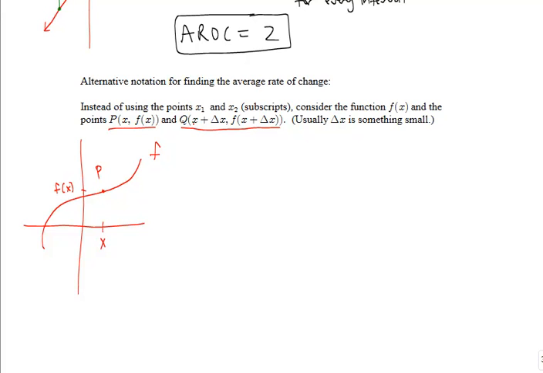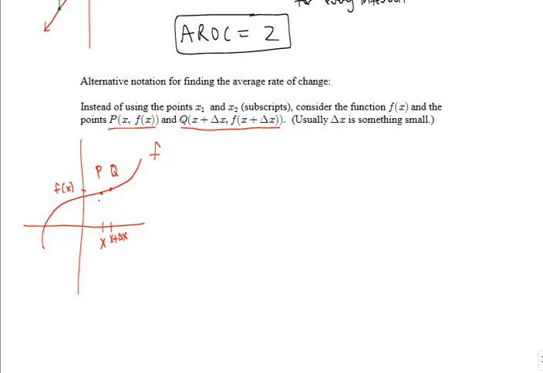So it's still going to be close to x, but it's going to be just a little bit more than that. So we're going to pick this delta x to usually be something really, really small, like 0.01 or 0.001. So x plus delta x would just be a little bit away, and our point Q would therefore be very close to point P. So these P's and Q's are really close together.